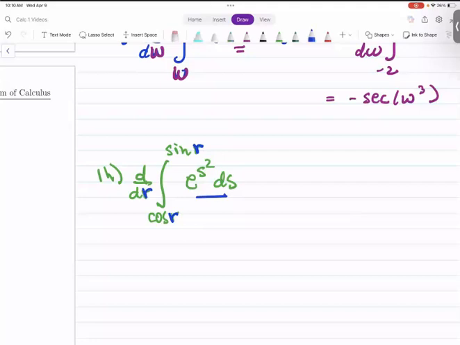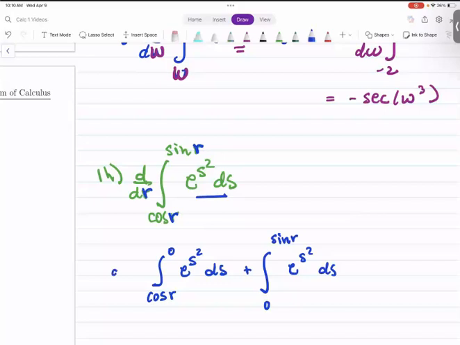First thing we're going to do is write this as the integral from cosine of r up to 0 of e to the s squared ds plus the integral from 0 up to sine of r of e to the s squared ds. And we're going to be taking the derivative of that with respect to r of both sides.